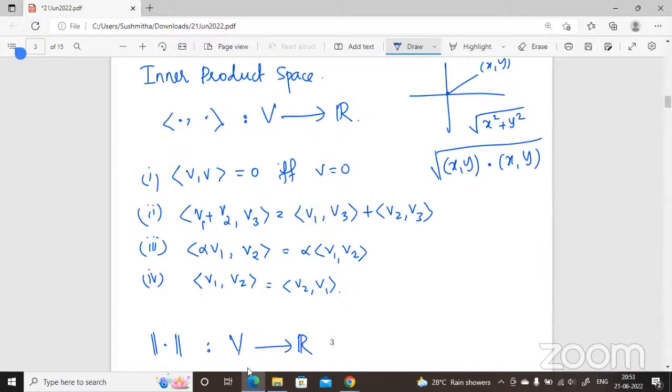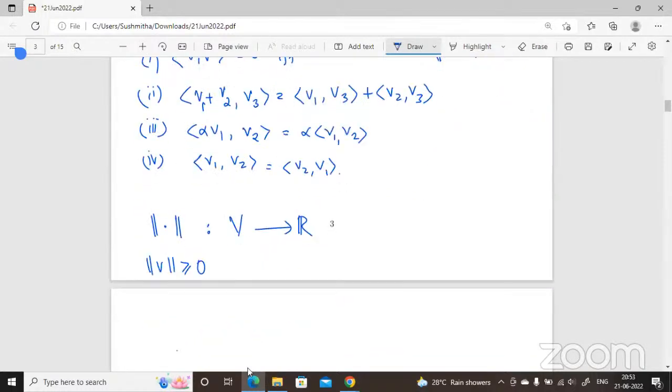And when is the length of a vector equal to 0? If and only if the vector itself is 0. This is the first condition. And then we have the triangle inequality, as for distances.